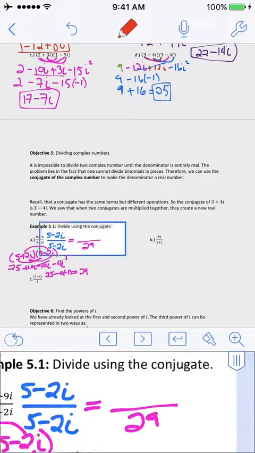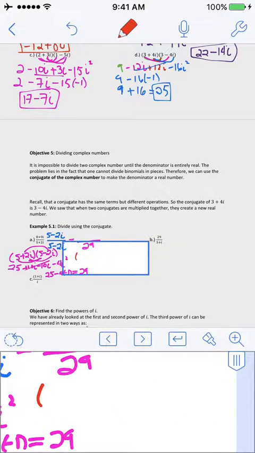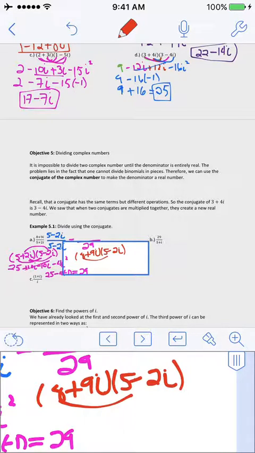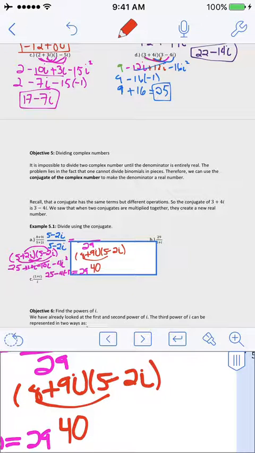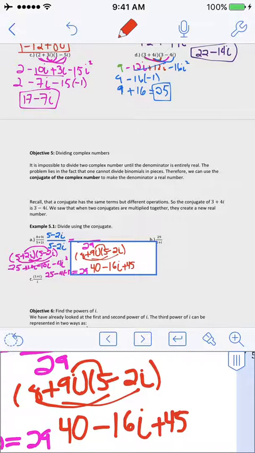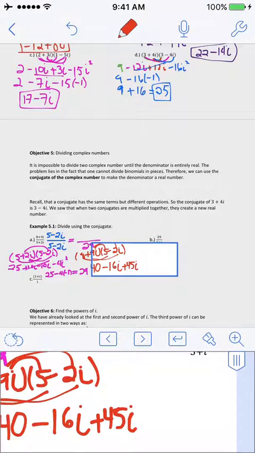Let's try that one now. Let's see. 8 plus 9i times 5 minus 2i. 8 times 5 is 40. Minus 16i, because it's a minus. 9i times 5 is plus 45i. And that one would be negative 18i squared.